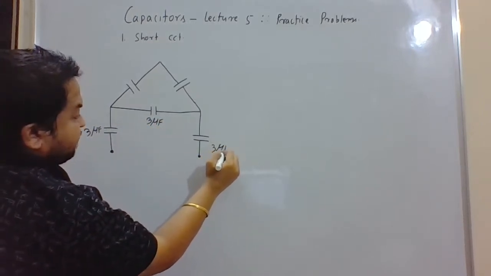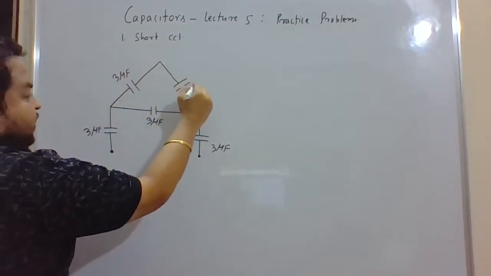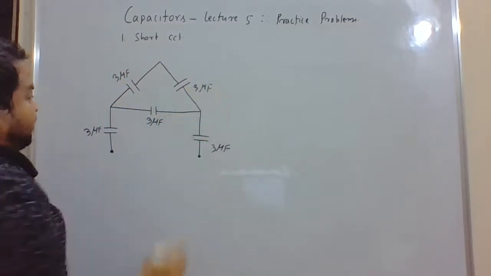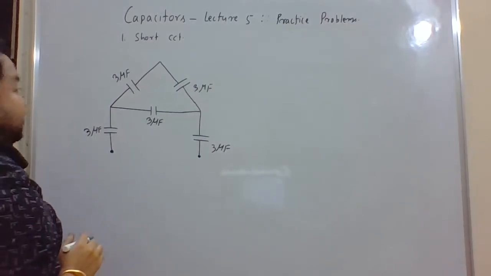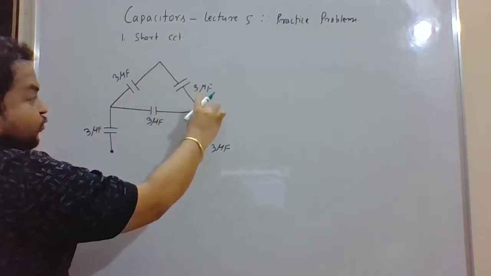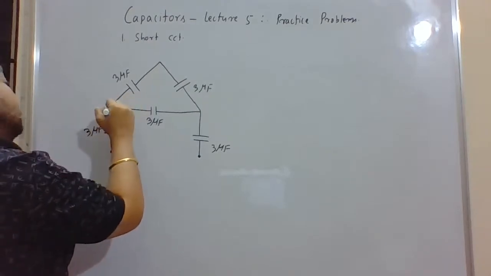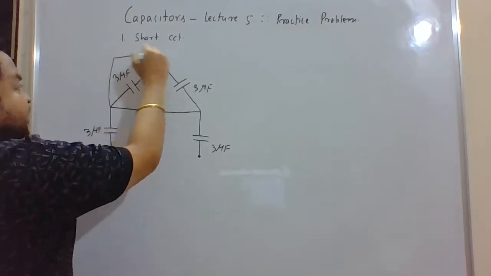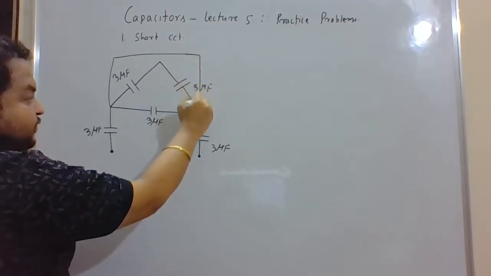So this was already there. Now, in the previous practice problem, I had only short circuited this, and today we would see how it will change if I short circuit this entire stuff.